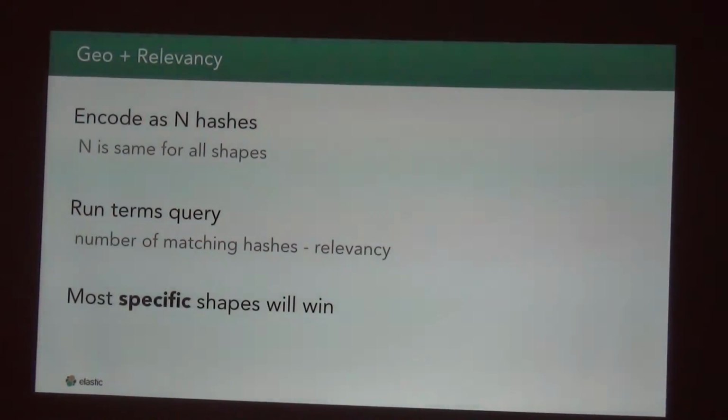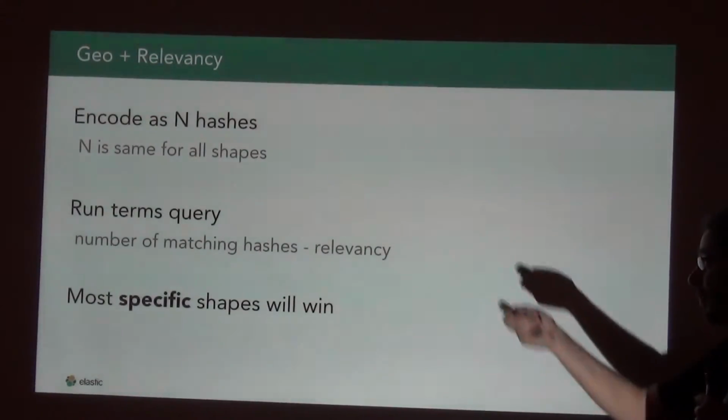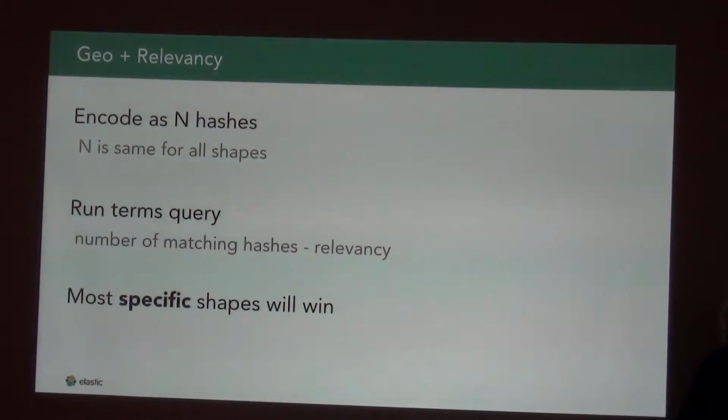The easiest way is, instead of encoding all the cells here, we always encode just 1,000, or any n. No matter how big the shape is, we would always index the same number of cells. And then when we look for something in there, we can just count the number of matches of the individual cells. If more cells have matched, then it is a more relevant shape.